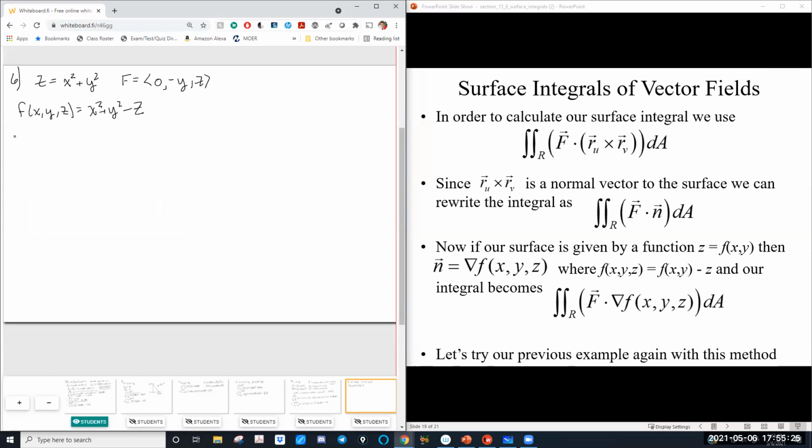And now we find the gradient of f, which is the vector made up of our partials. So we have 2x, 2y, negative 1. Not a big surprise that last component's negative 1 because all we did was bring the z over.